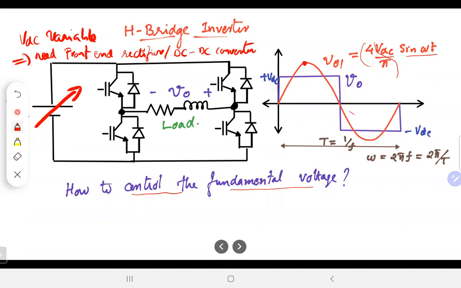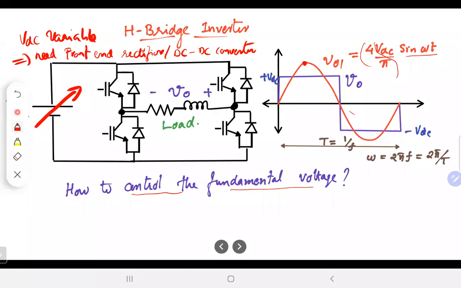That again is a controlled converter requirement. But instead, we can actually utilize our own switching strategy and perhaps control the voltage. So how can we do that?